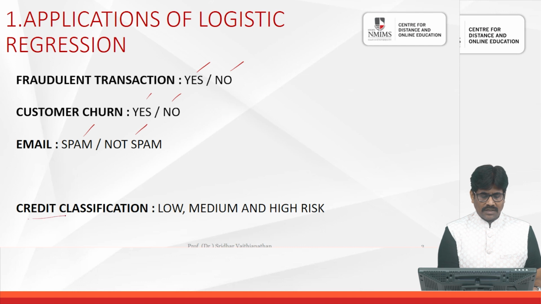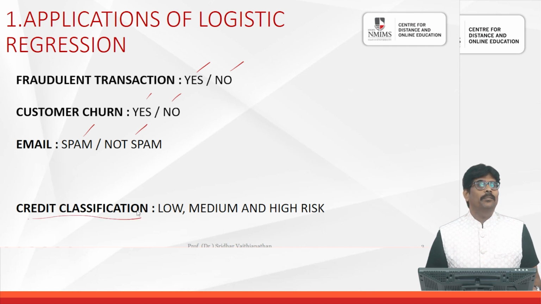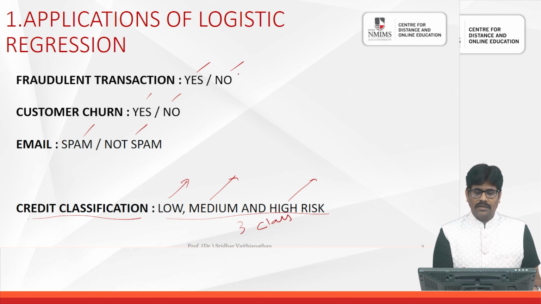Say, for example, in a credit classification example, a bank wants to classify its customers based upon their credit worthiness. It can come up with some variables, based upon which it can classify the customer into low credit worthiness, medium credit worthiness, and high risk credit worthiness. So in terms of credit classification, this is a 3-class classification, and all the above are 2-class classification.